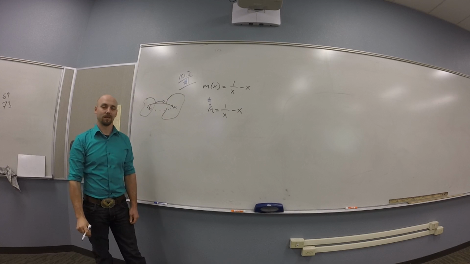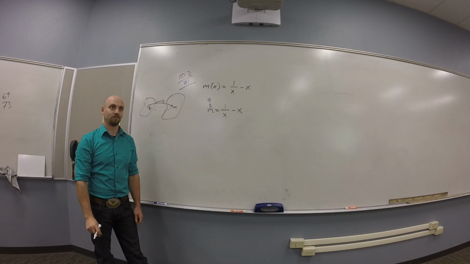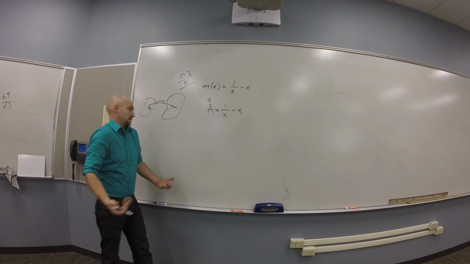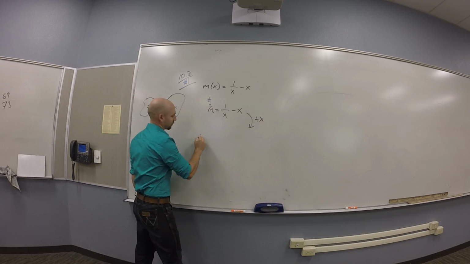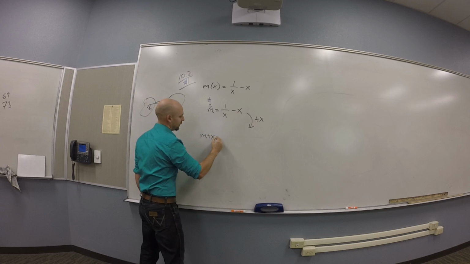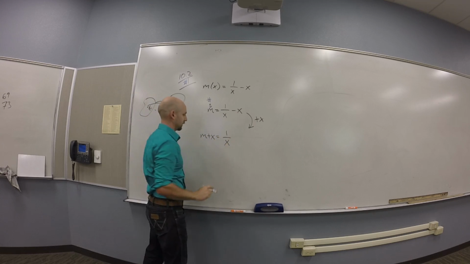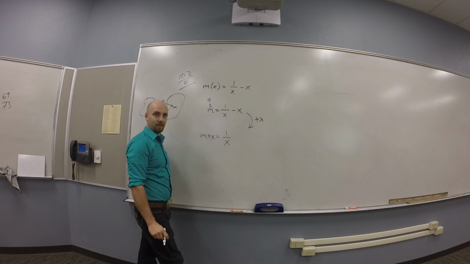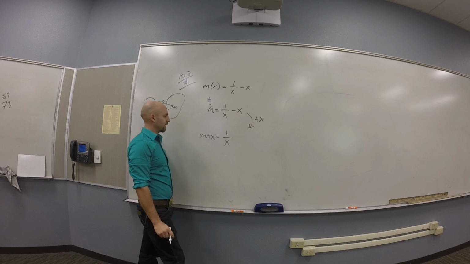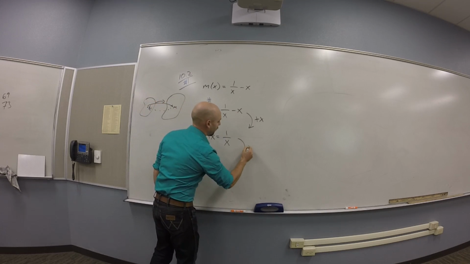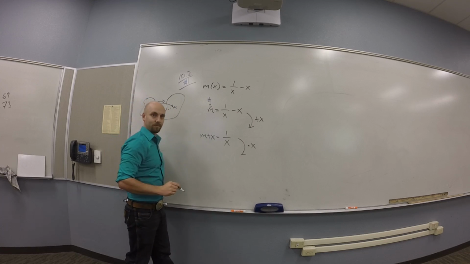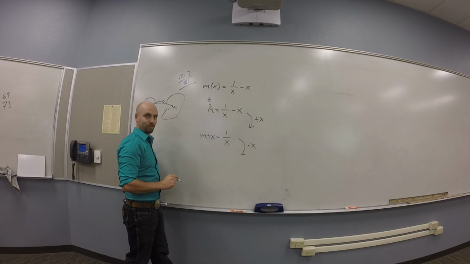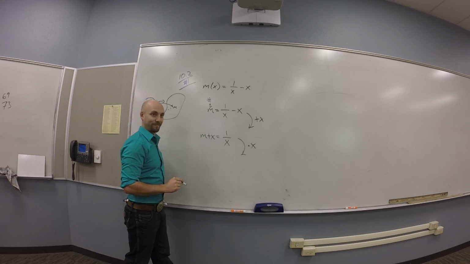First, I add x. So we add x to both sides, and we have m plus x equals 1 over x. Then you multiply both sides by x. Oh, you want to subtract that first?